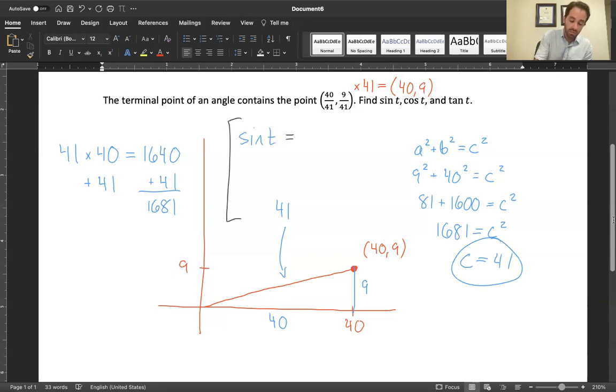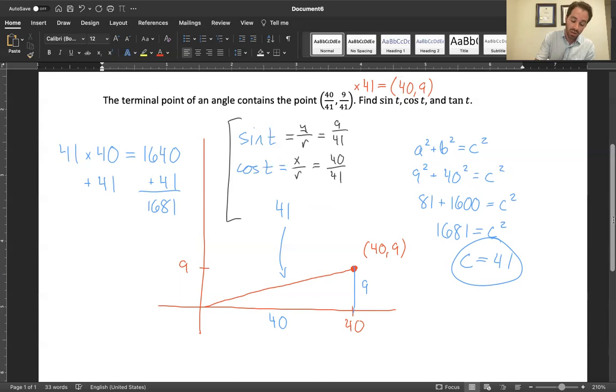So sine of t, in this case, it's better to use the y over r definition of sine. Y over r, which in this case is 9 over 41. And cosine of t is the x over r, which is 40 over 41.